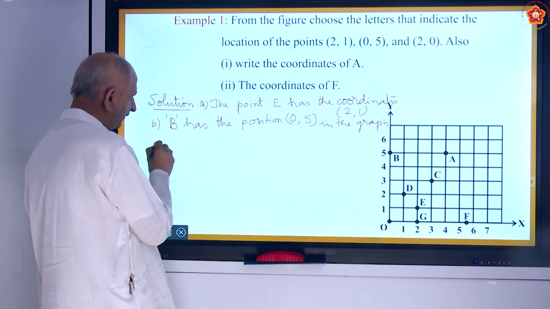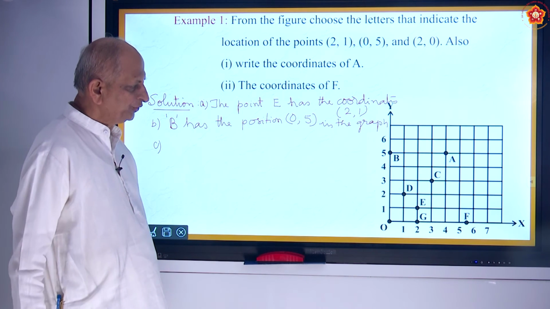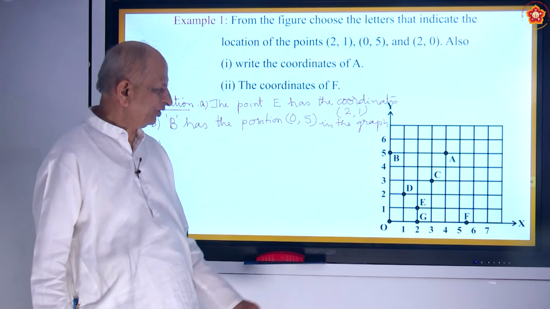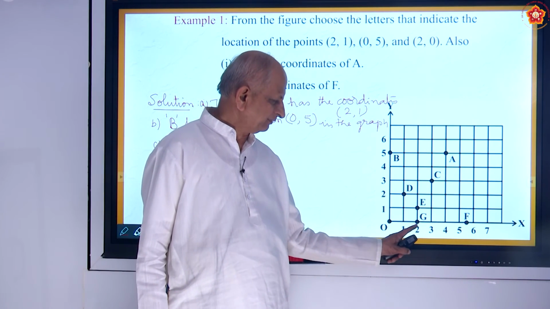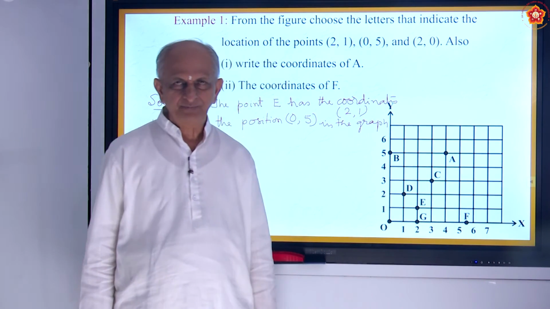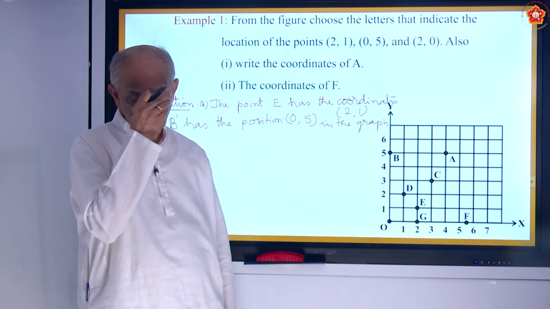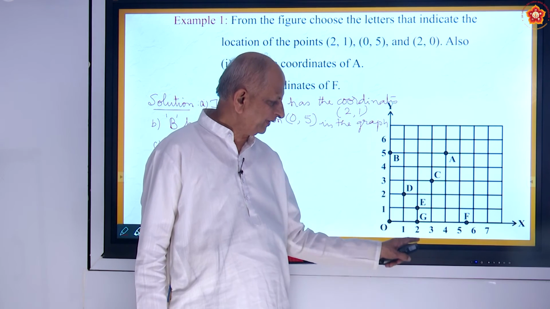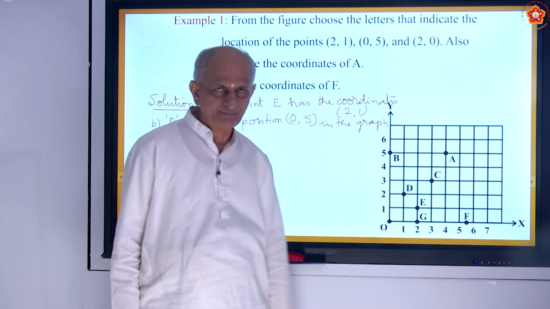Come on, third one, 2, 0. You try 2, 0. Where is 2, 0? 2 is here. What do you mean? 0 means what? Y-axis 0. Y-axis 0 means what? Neither going up nor coming down. It is only on the x-axis.